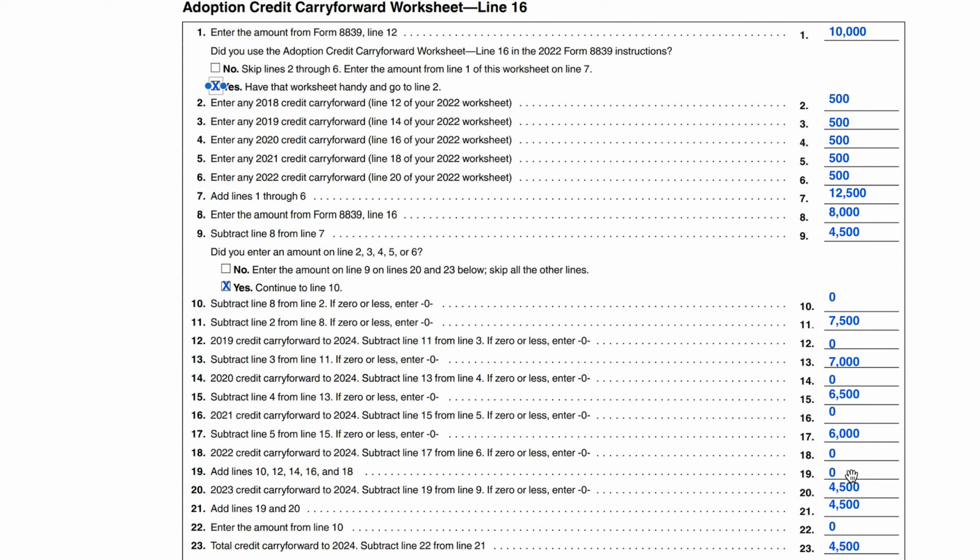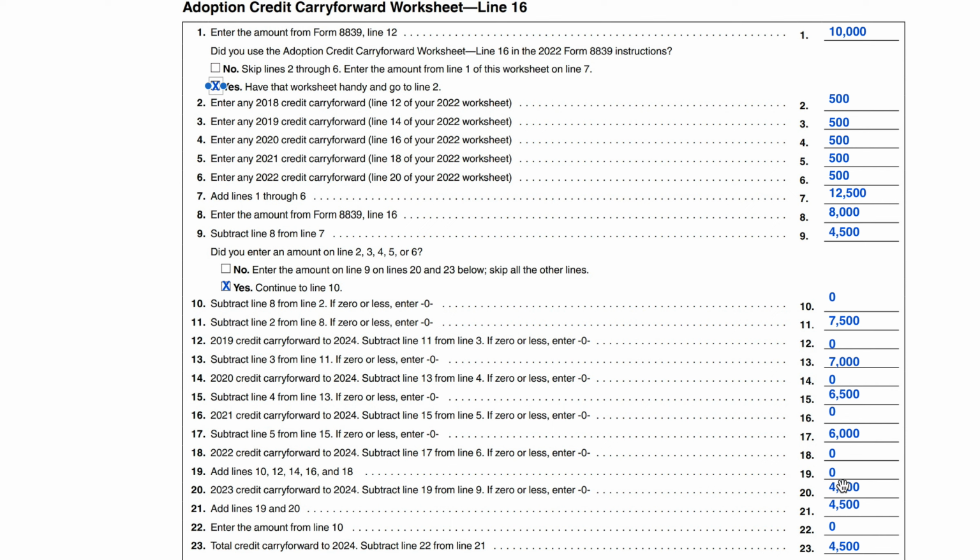All of those zeros add up to 0, which means now we're going to take this and subtract the 0 from $4,500, which means that our $4,500 carry forward is all from the 2023 tax year, which means when we do this for the 2024 taxes, all of this would be 0, and then there would be a $4,500 credit carry forward on line 6, which would then say enter the 2023 credit carry forward from line 20 of your 2023 credit worksheet.